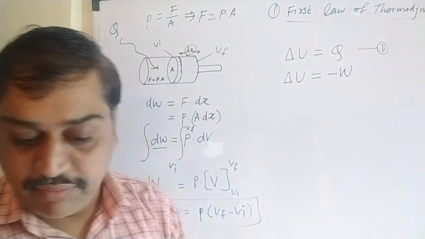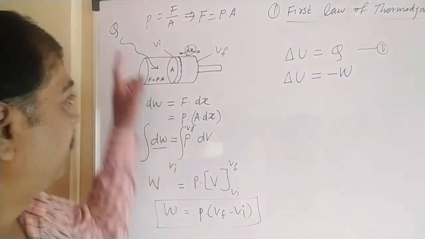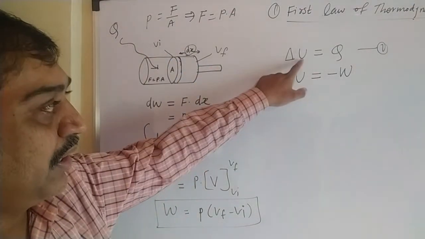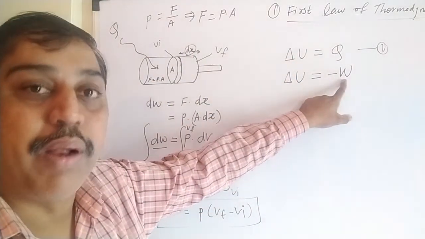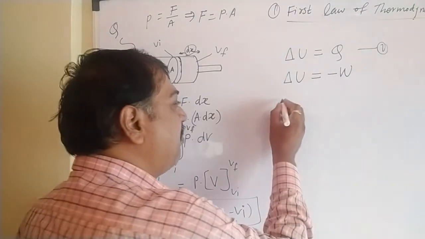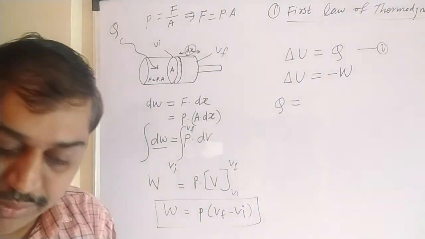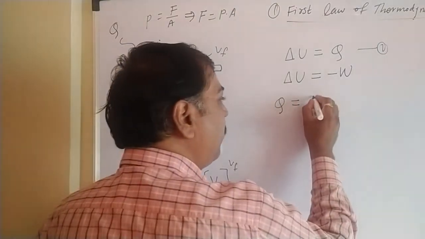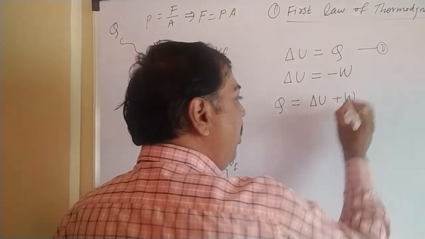And here finally you can write one thing. Suppose some part of energy is used to increase the internal energy, and some part is used to perform work done, then you can write the total energy supplied as Q. The amount of energy supplied to the system can be partly used to increase internal energy and partly used to do the work done.